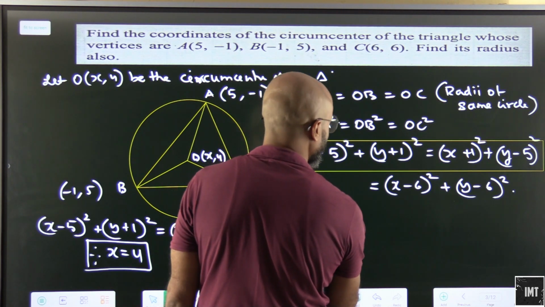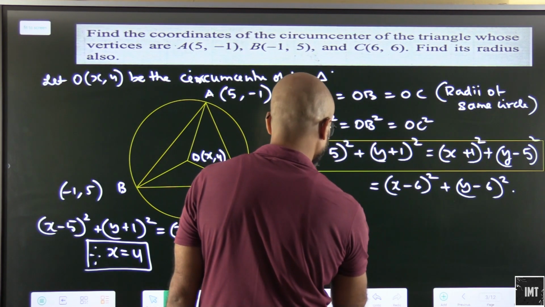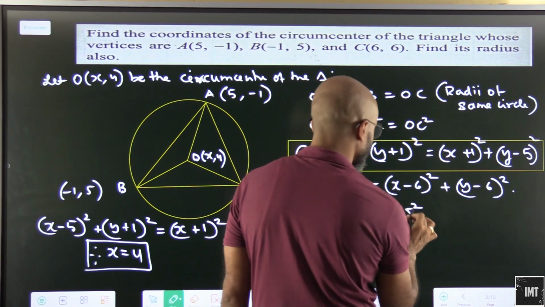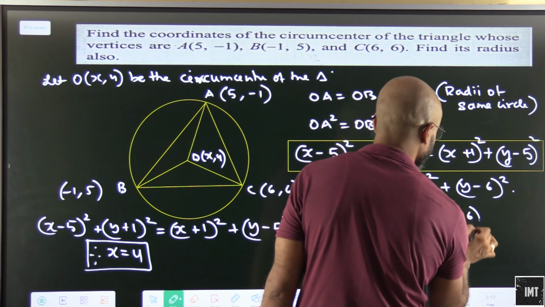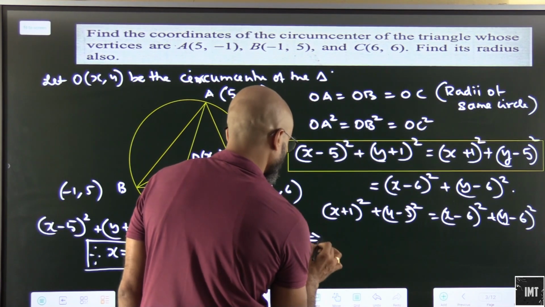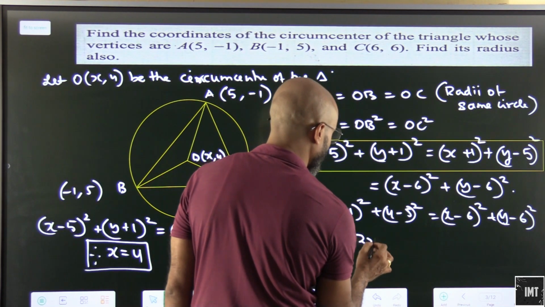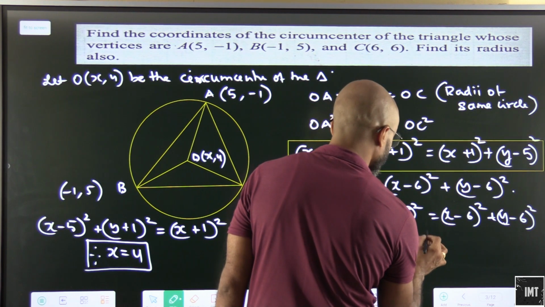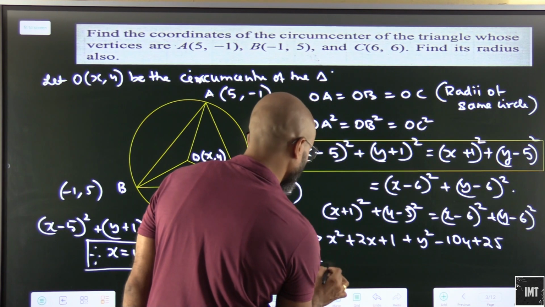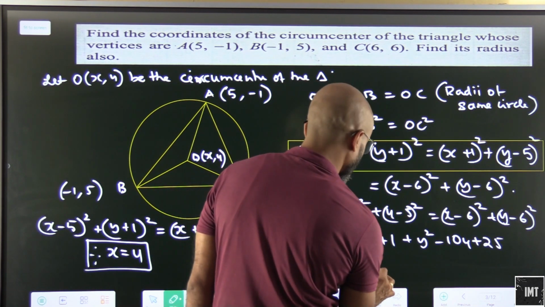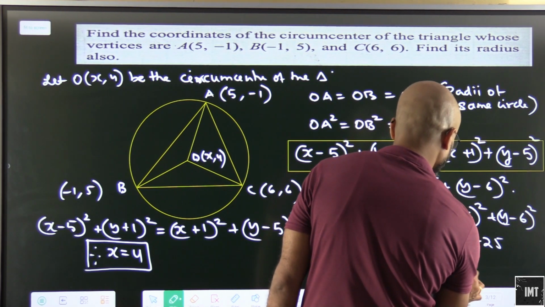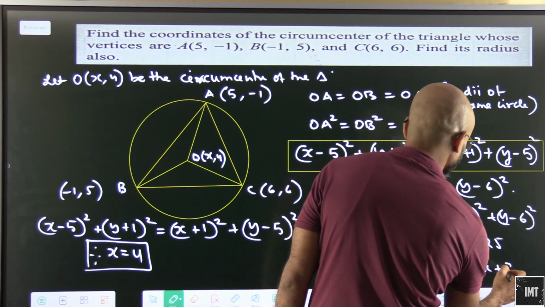Okay, let's take the next equation. Take any of these: (x plus 1) square plus (y minus 5) square is equal to (x minus 6) square plus (y minus 6) square. So that's x square plus 2x plus 1 plus y square minus 10y plus 25 is equal to x square minus 12x plus 36 plus y square minus 12y plus 36.